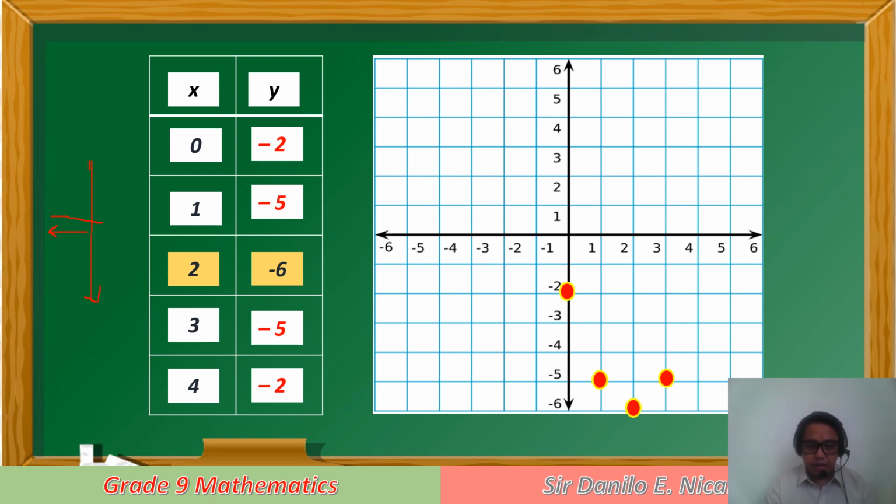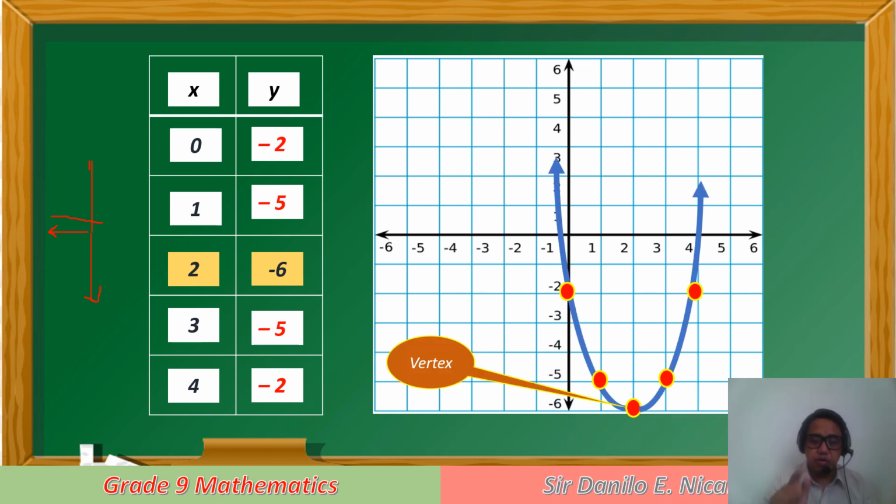This is 3 and negative 5. And then the last one is 4 and negative 2. From here, 1, 2, 3, 4. And then 2 steps down. Then connect the dots, and you will have a parabola. Remember, ito yung vertex natin.